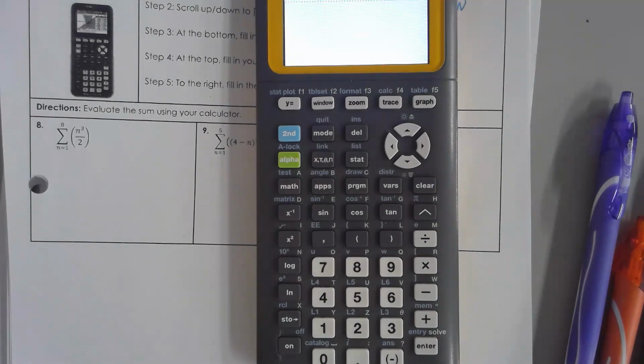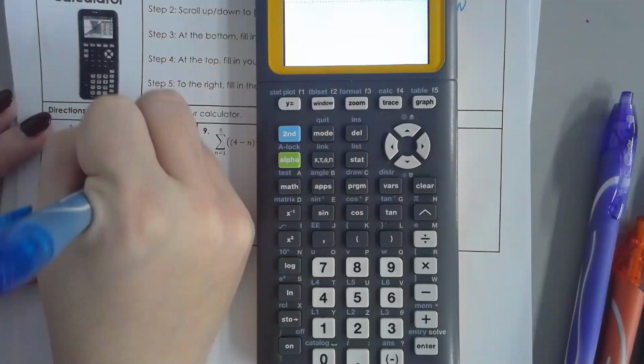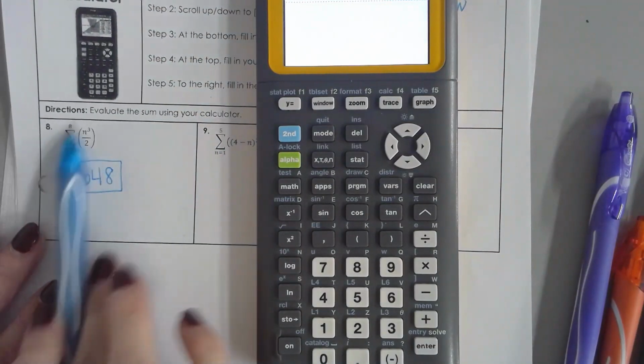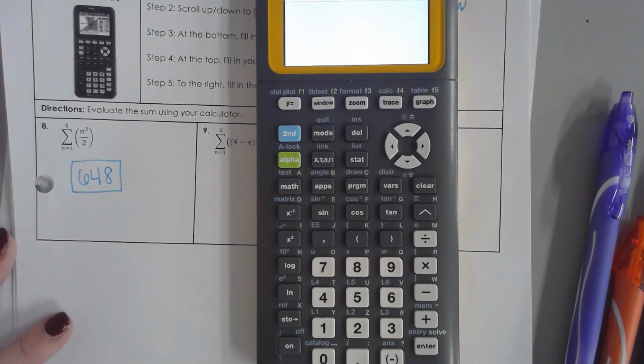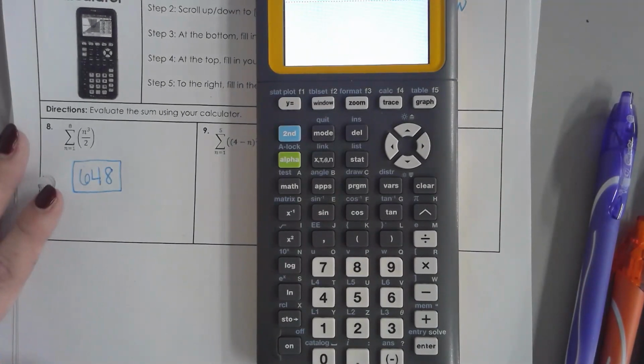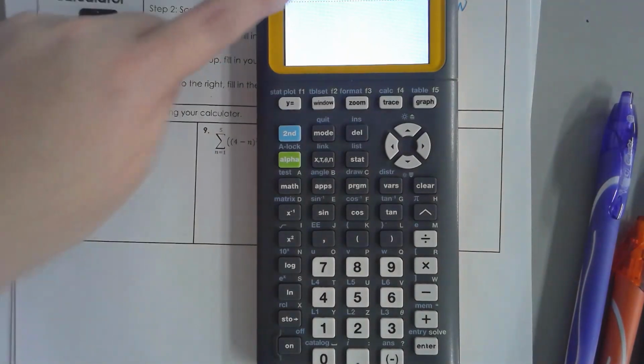And you should get 648. So if we would have manually done 1 to the 3rd divided by 2, 2 to the 3rd divided by 2, 3 to the 3rd divided by 2, and then I did 8 of those and then added them all up together, or just done it in a calculator.